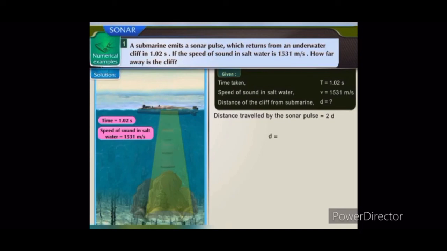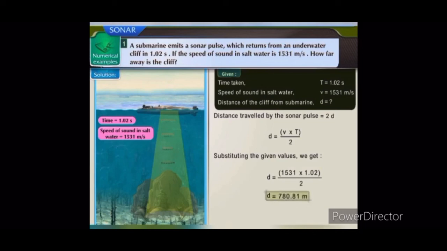Distance d is given by v into t divided by 2. Substituting the given values, we get d is given by 1,531 into 1.02 divided by 2. d is equal to 780.81. Thus, the distance of the cliff from the submarine is 780.81 meters.